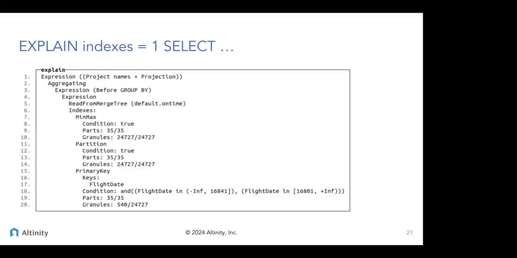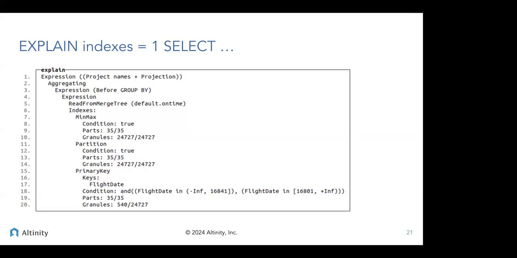What else? There is explain indexes. Explain indexes allows you to see how ClickHouse sees your query: what conditions were extracted from it, and how they are transformed in a particular execution plan.